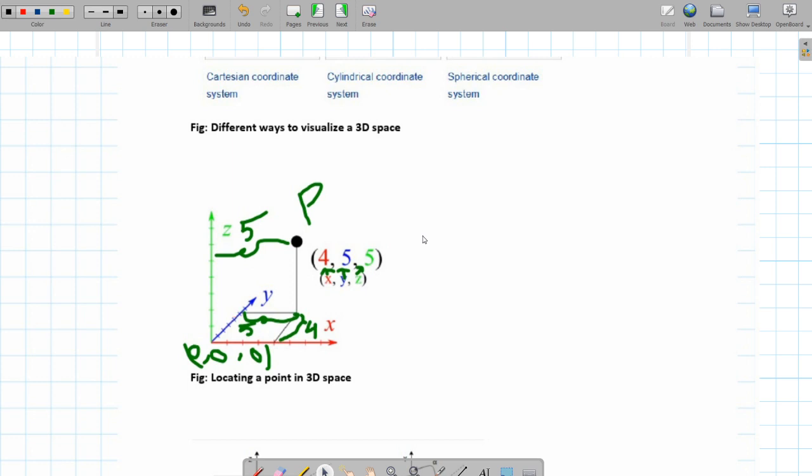So along the y-axis you have moved, or you have displaced your cursor 5 points towards y direction. Then you have to move 5 points towards the vertical direction.